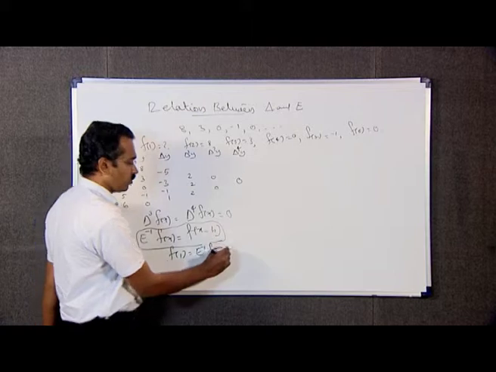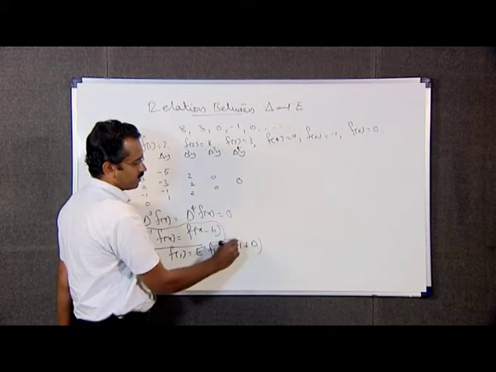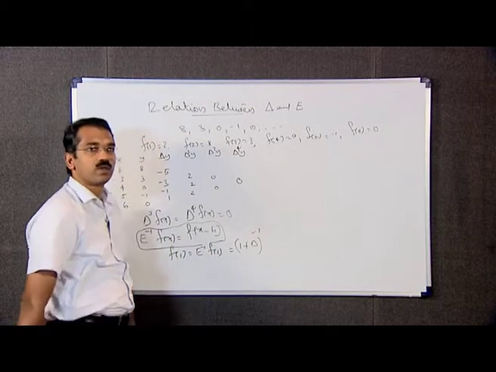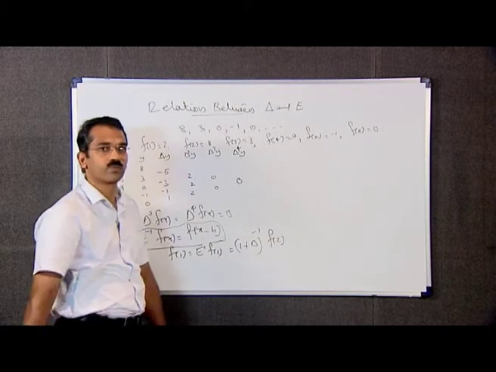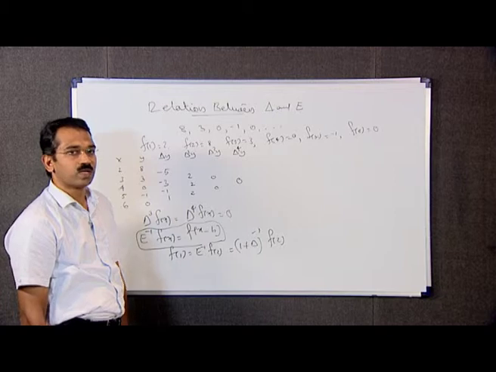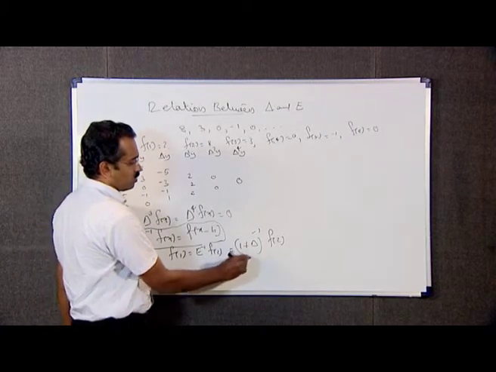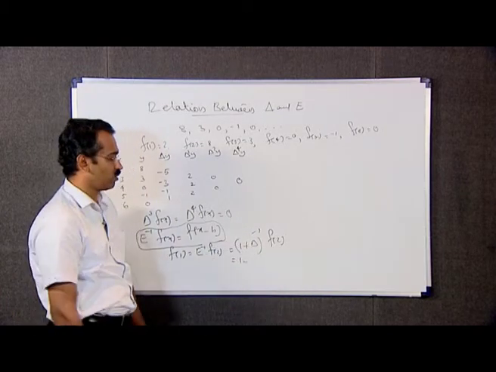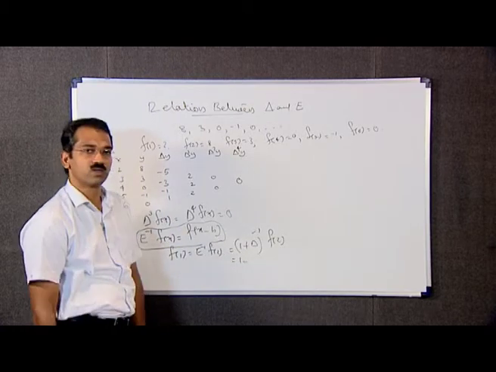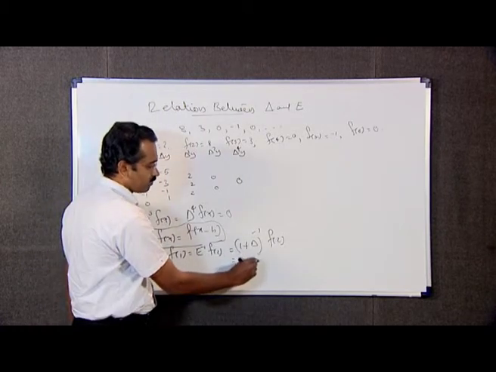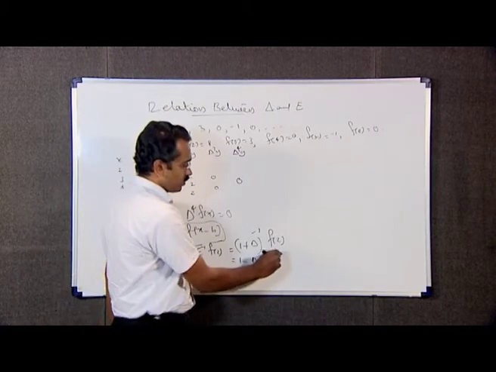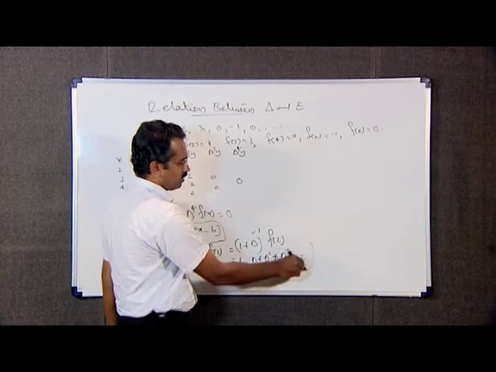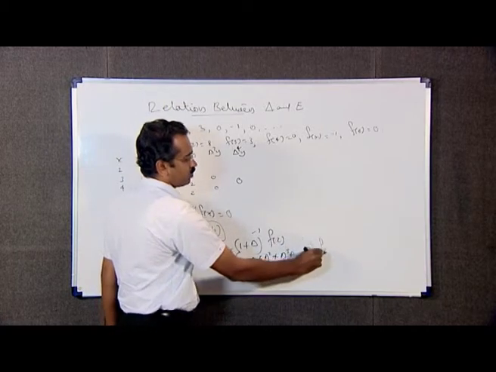That is equal to (1 plus delta) raised to minus 1 f(2). By the expansion of (1 plus delta) raised to minus 1, we have (1 minus delta plus delta square minus delta cube plus etc.) of f(2).